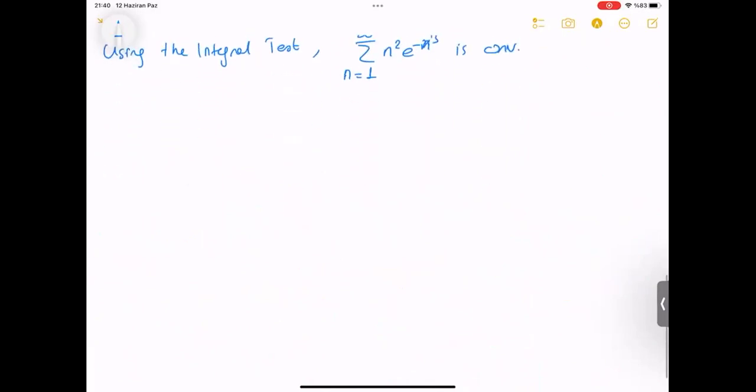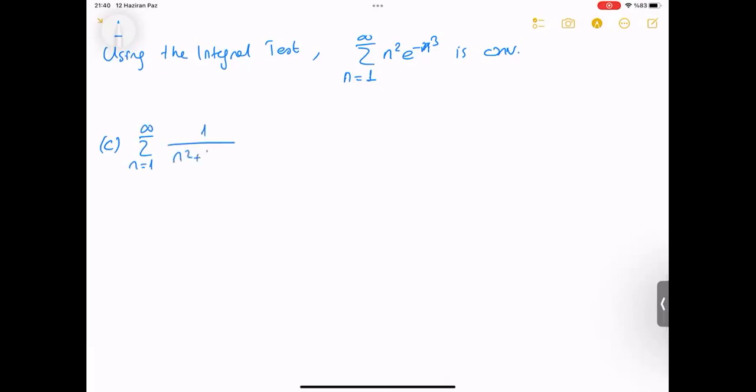Okay, in part C, we're given the series 1 over n squared plus 6n plus 30. For this one, we will use the limit comparison test.